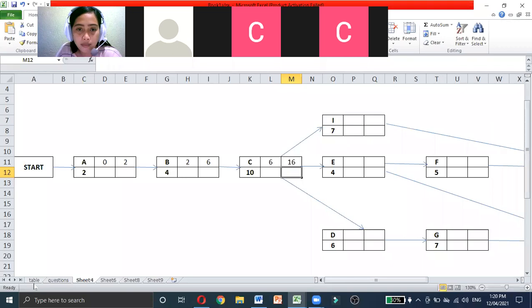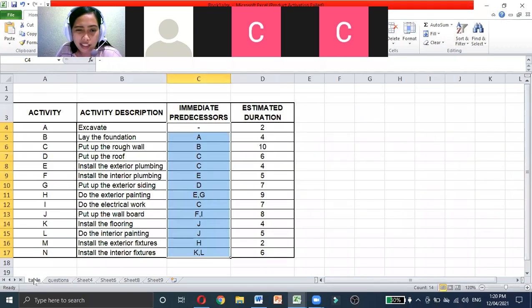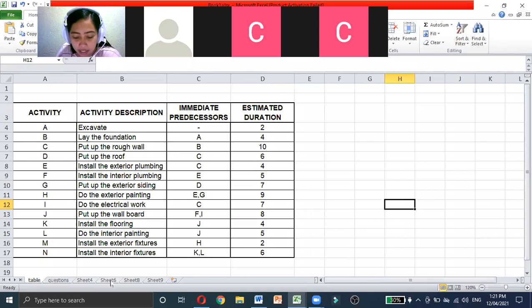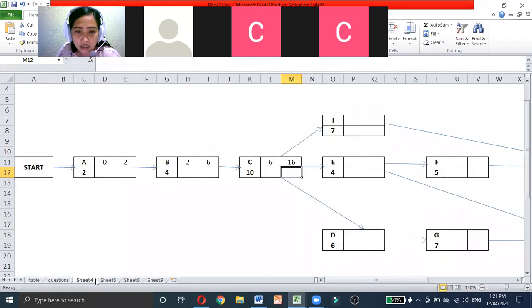Okay, remember, C has many immediate predecessors, which include D, E, and I. So let's go back here and start with letter D. What would be the earliest start for D? 16.